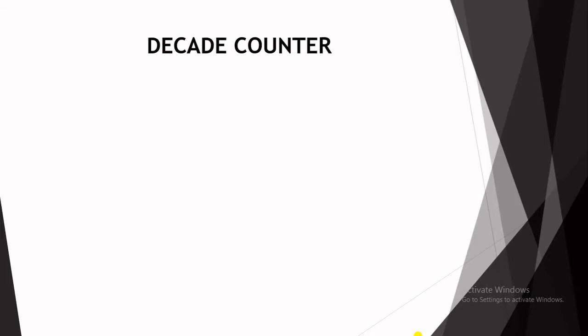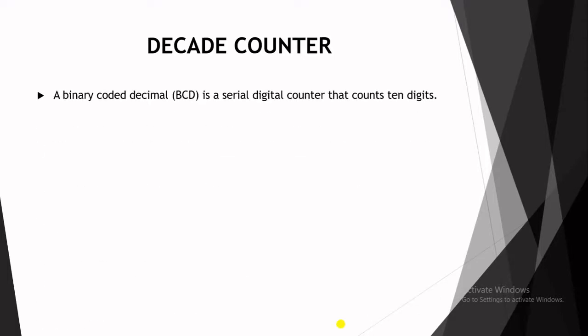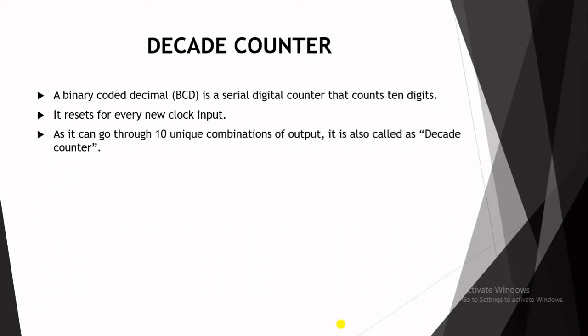So let's define the decade counter. A binary coded decimal, it means BCD, is a serial digital counter that counts 10 digits. It resets for every new clock input. As it can go through 10 unique combinations of output, it is also called a decade counter.